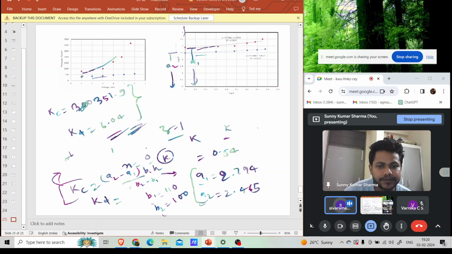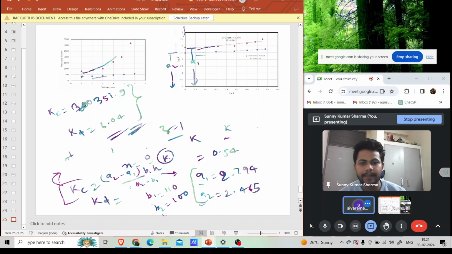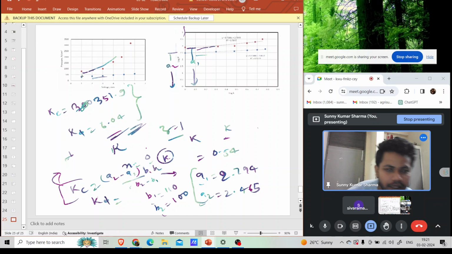So now you are displaying the graph, sir. For each of the lines produced, we should find the slope, and that slope will be the K value of each plate. Am I correct, sir? Can you tell once again?